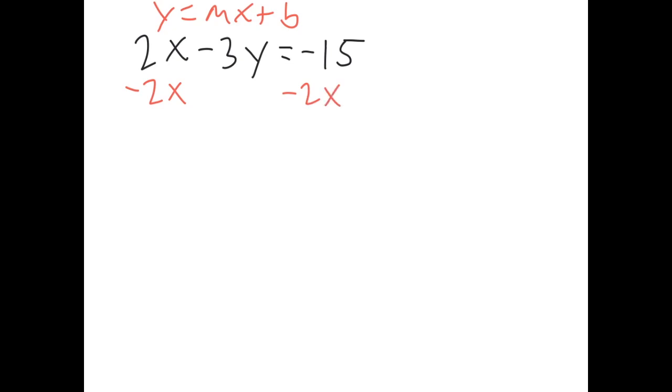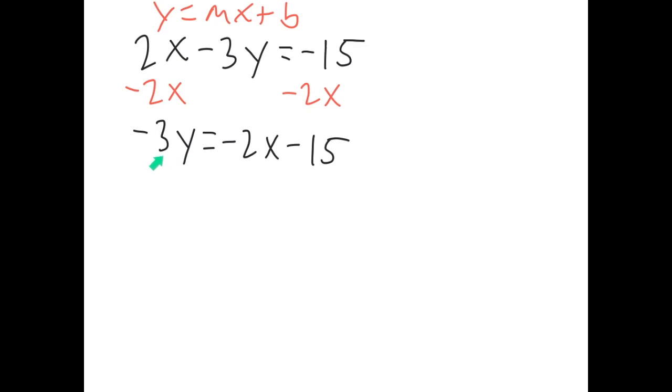On the left side, the 2x is canceled to leave negative 3y. And on the right side, we like to put x first, so put the minus 2x, and then the minus 15. Then, what is happening to y?